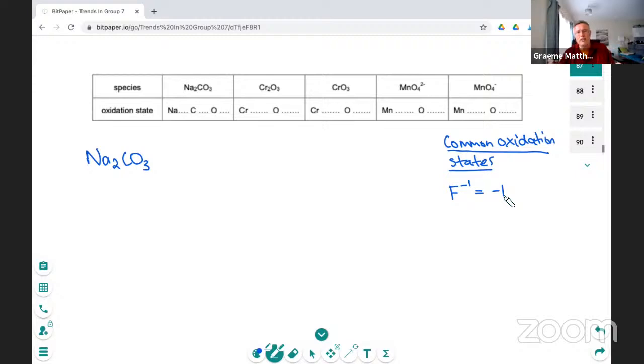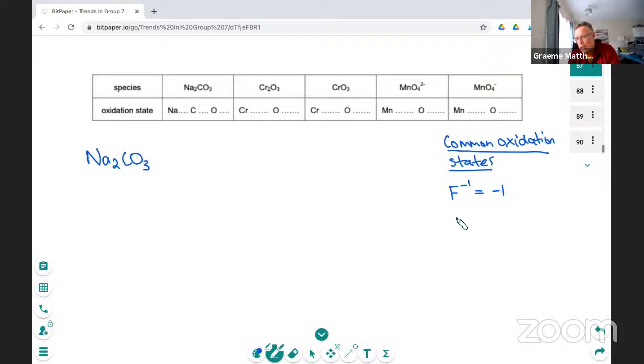Number two, very high ionization energy, very small atomic radius, really high nuclear charge. Guess what? It's not going to give up valence electrons. It's only going to accept them. And so fluoride, -1, is the only one you'd see.